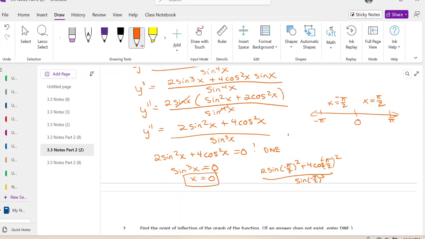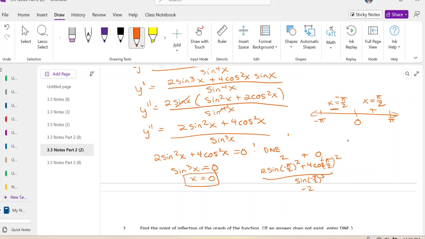Well, the sine of negative pi over 2 is negative 1. Right, squared is positive 1, so this would be 2 plus 0 over negative 1, so it would basically be negative. When it's positive pi over 2, that makes the bottom positive here.